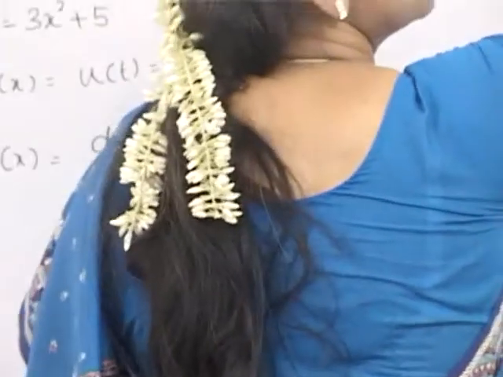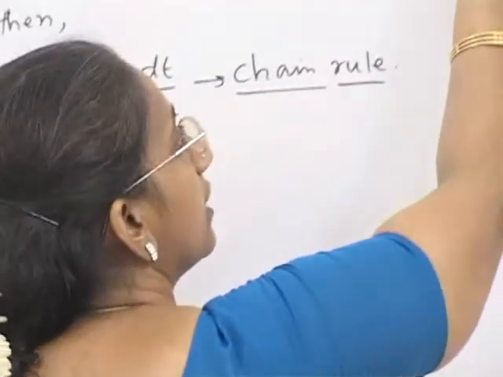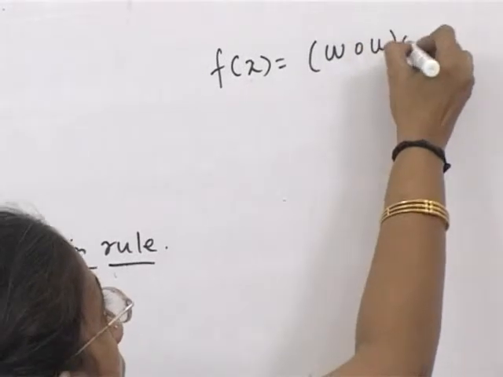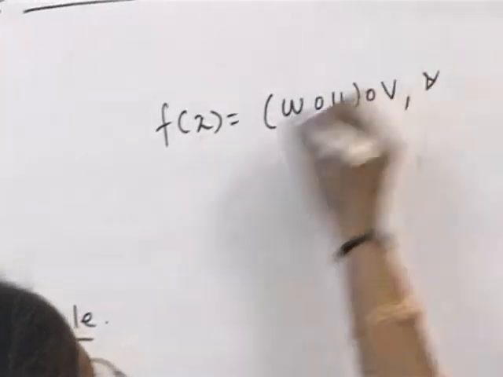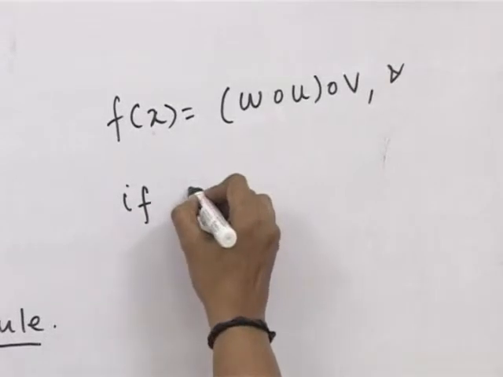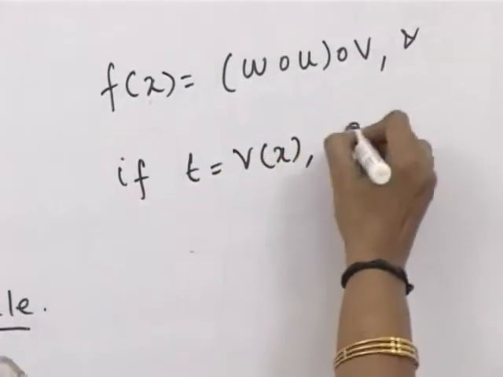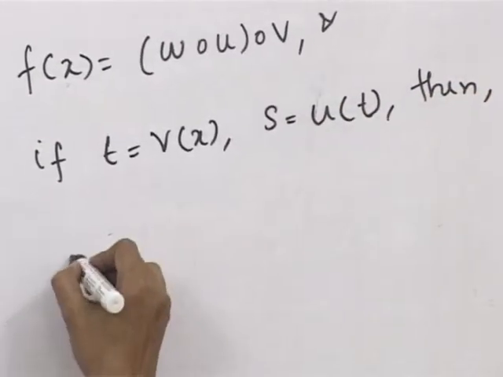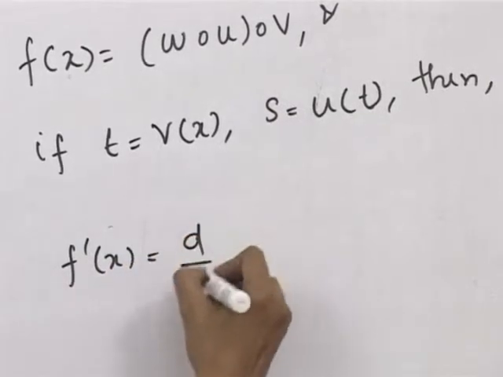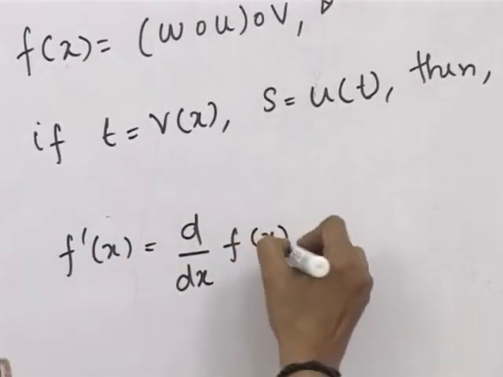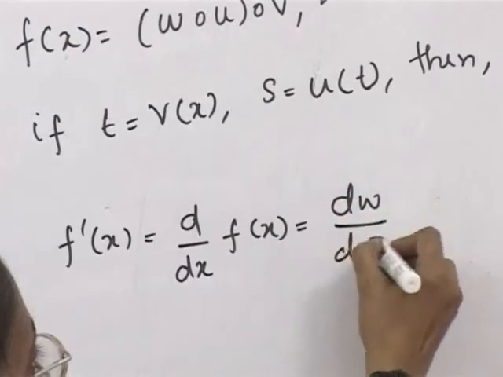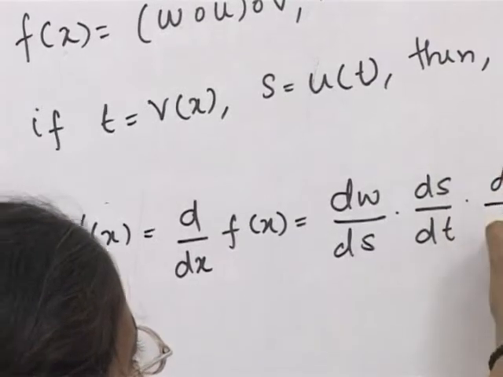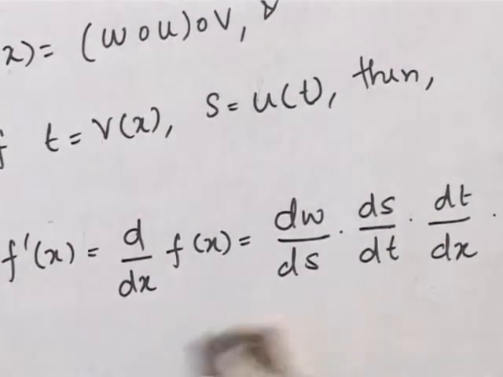Suppose we have three functions w, u and v such that f of x is equal to w of u of v, and if t is equal to v of x, s is equal to u of t, then we have f dash of x equal to d by dx of f of x, which is equal to dw by ds into ds by dt into dt by dx. So now this is the chain rule for three functions.